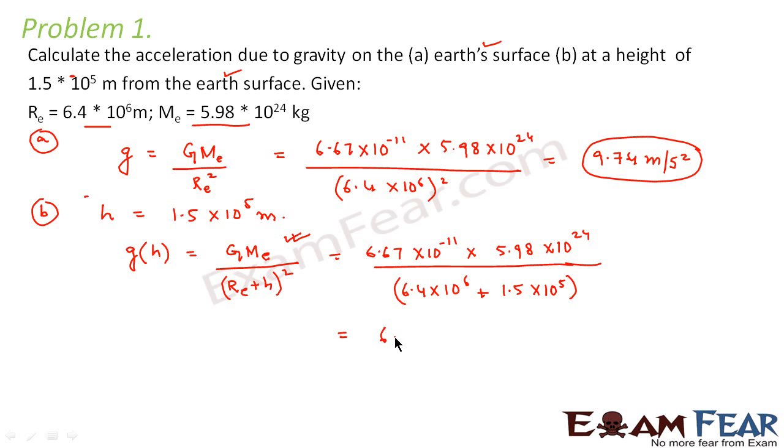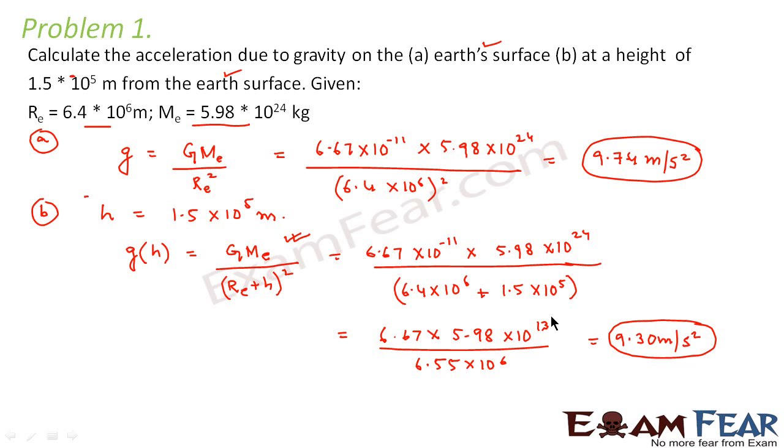Here, if we calculate this, we get 6.67 into 5.98 × 10^13 divided by 6.55 × 10^6. So this comes out to be 9.30 meters per second squared. This is the value of acceleration due to gravity at a height h from the surface of the Earth, where h is equal to 1.5 × 10^5 meters.